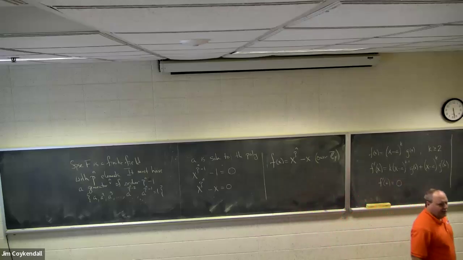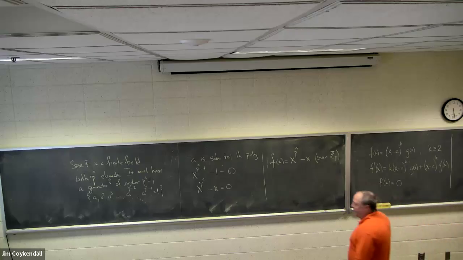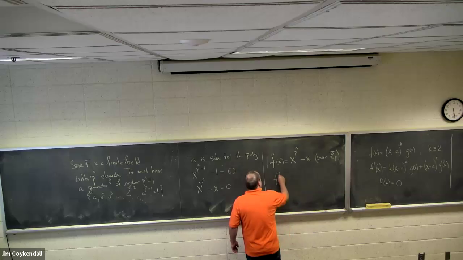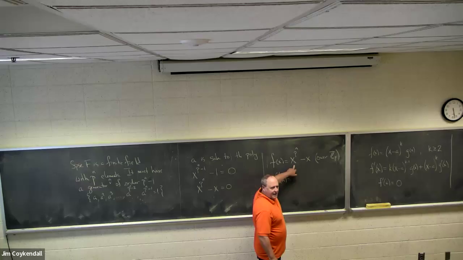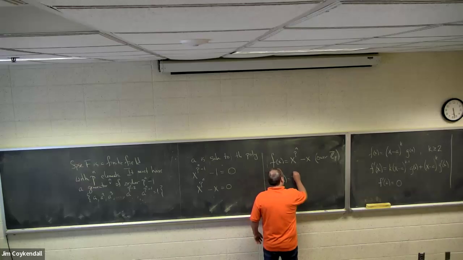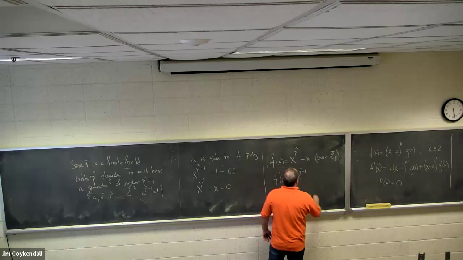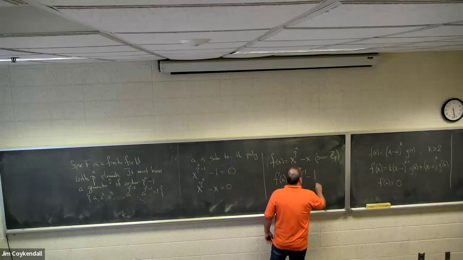Let's do all this instead of over the reals, over Z_p, but my derivative rules are the same. Huh. What's the derivative of this polynomial? What's the derivative of this? Yeah, no tricks here, just like the old days. And what's the derivative of this?